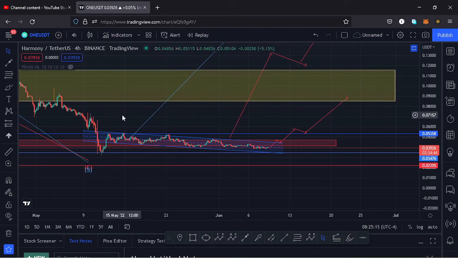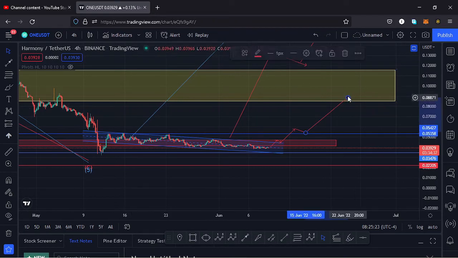That is the minimum that I expected the correction to do, and you can see we went below that. So that's the area I expect Harmony One to go first, then once we see prices in this range, we can continue pushing to the upper side.